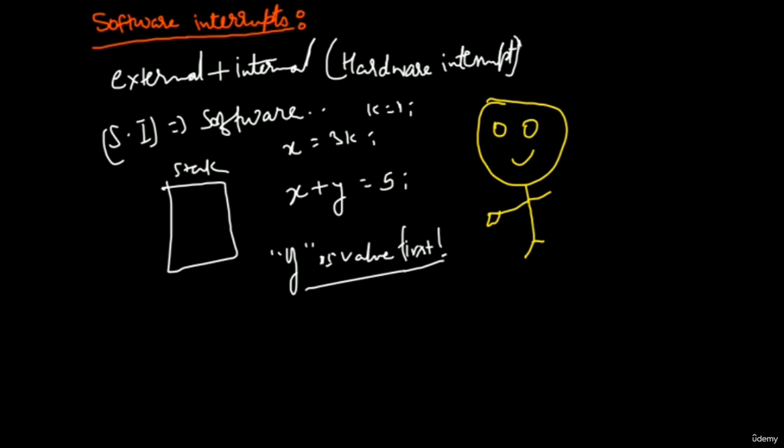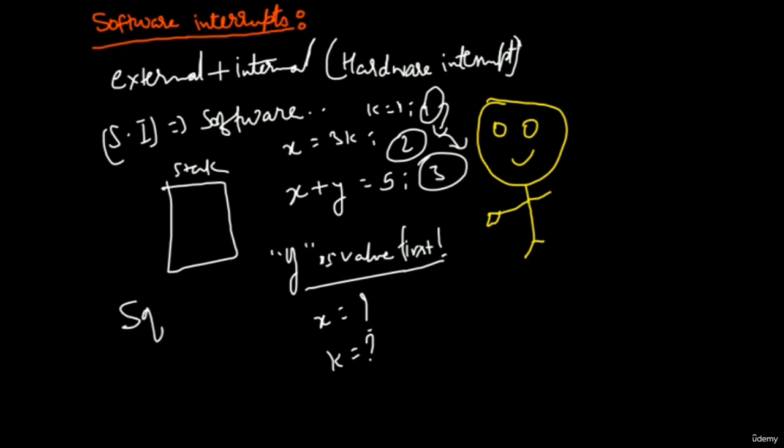It becomes impossible, because I don't know the value of x or the value of k. If I go one after another, I can surely figure out the value of y. But if I directly jump to instruction 3, that is known as a software interrupt.